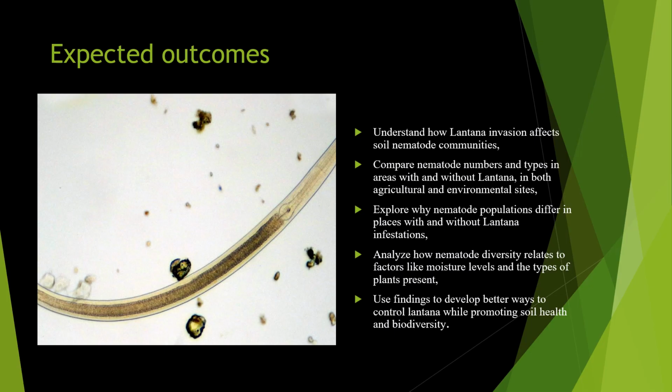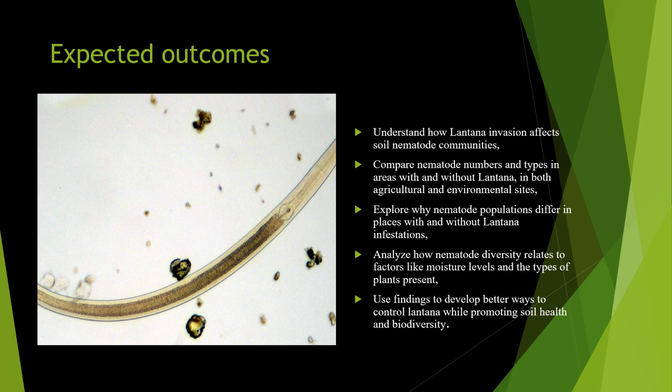Expected outcomes. Some of the expected outcomes are: understand how lantana invasion affects soil nematode communities. Compare nematode numbers and types in areas with and without lantana in both agriculture and environmental sites.